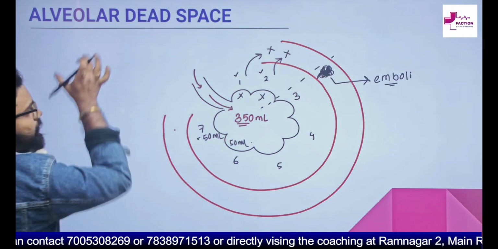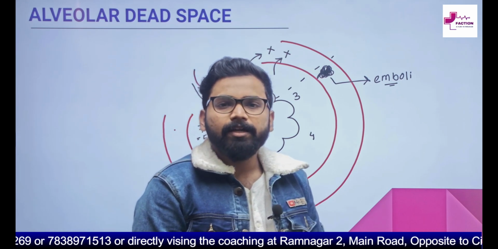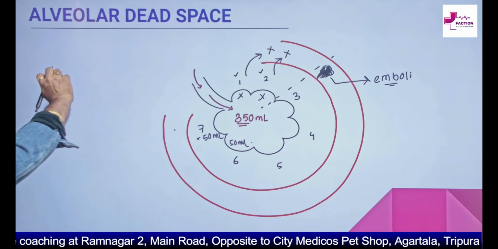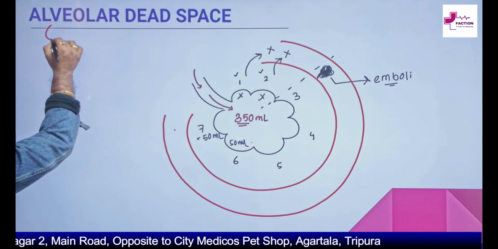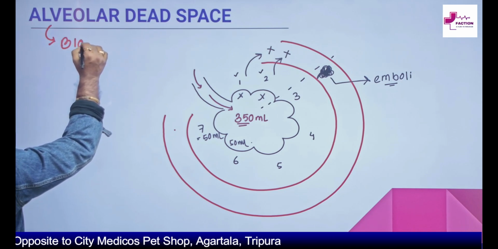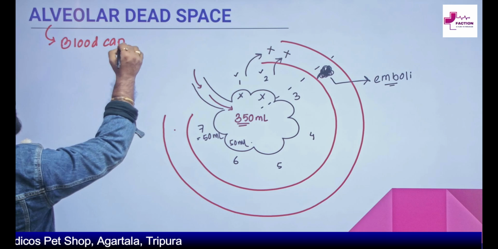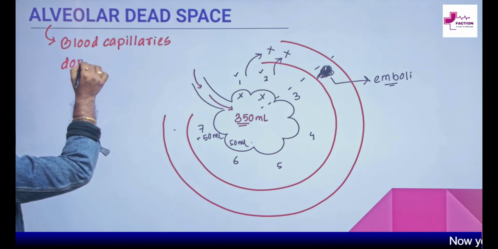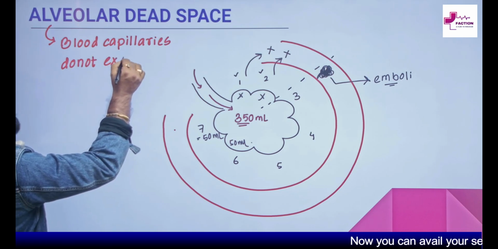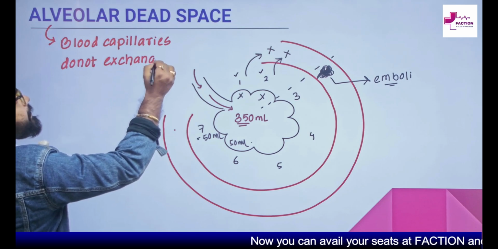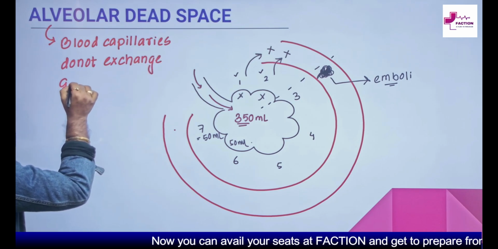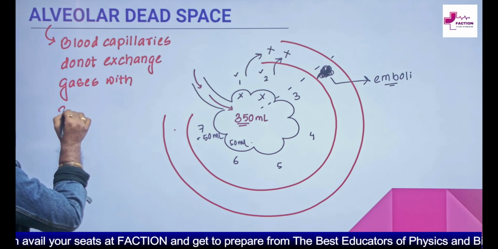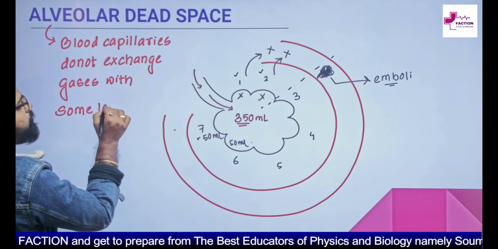This is known as alveolar dead space. Are you clear regarding that? This is known as the alveolar dead space. That is, blood capillaries do not exchange gases with some lobes of alveoli.